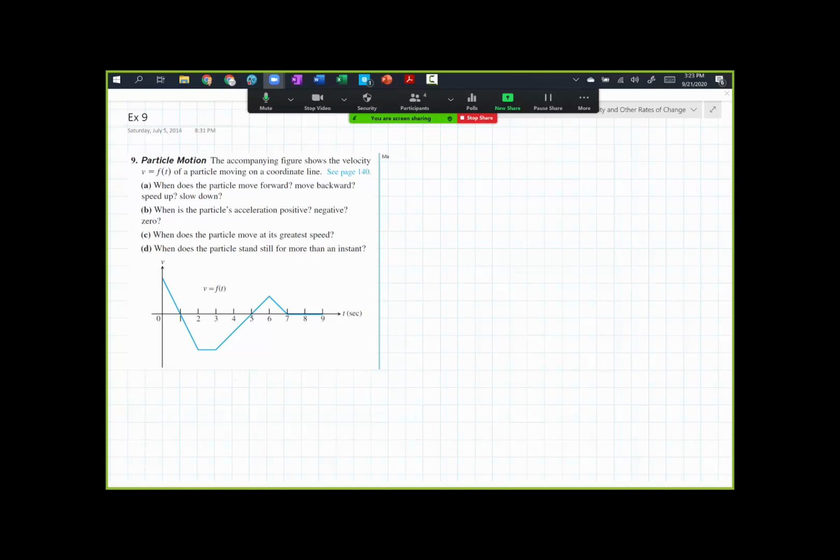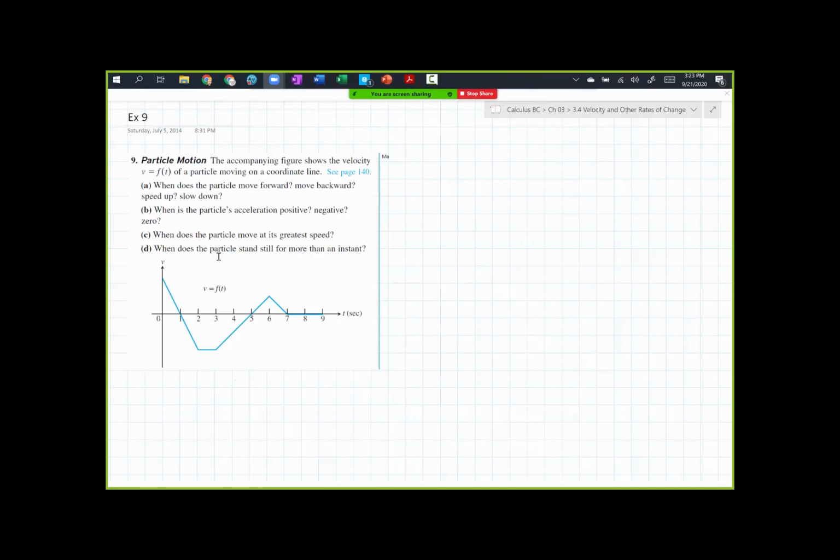So we're sharing the screen to do problem number 9 from section 3.4. We're going to ask a series of questions based on the graph of this curve, and this is a graph of velocity. Typically what we say is that when velocity is positive, we are going forward or up, depending on the situation.